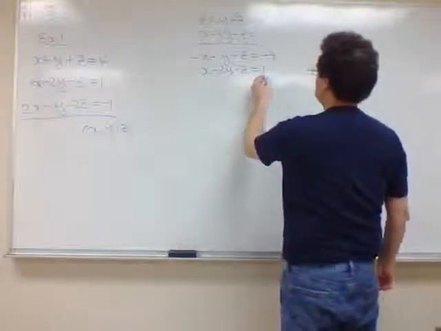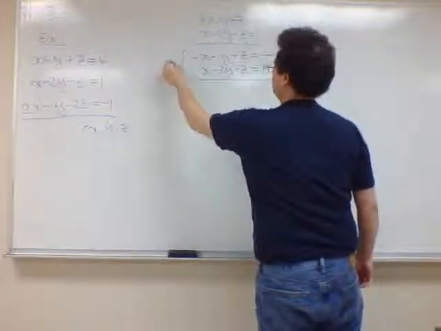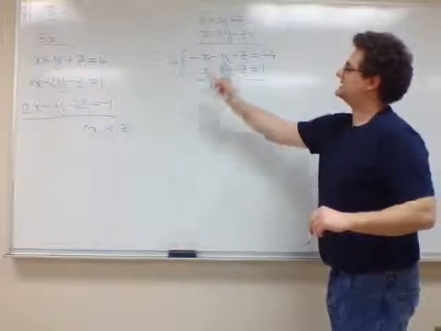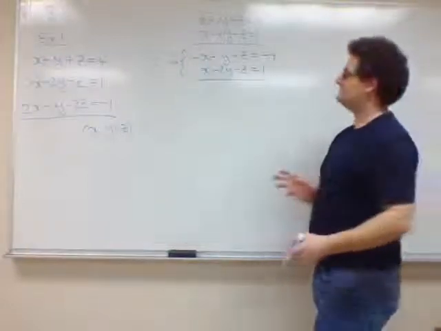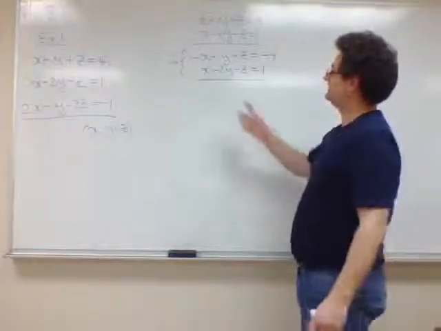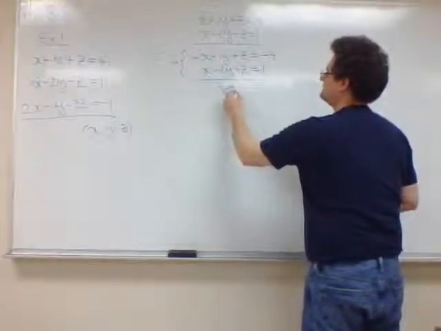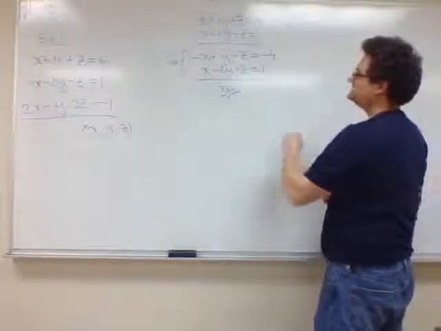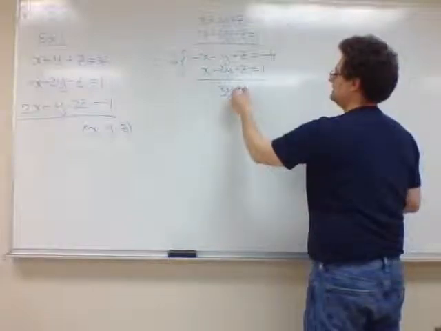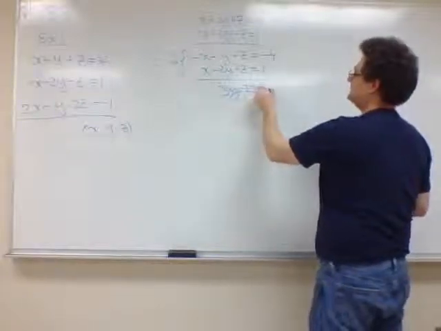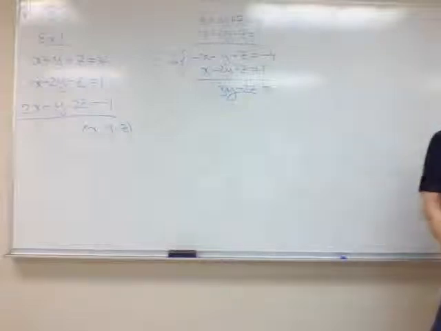So now we add these up. Minus x plus x is going to be 0x, so it's just 0. And minus y minus 2y, that's going to be minus 3y. Minus z minus z, that's minus 2z. That's what we have on the left side.